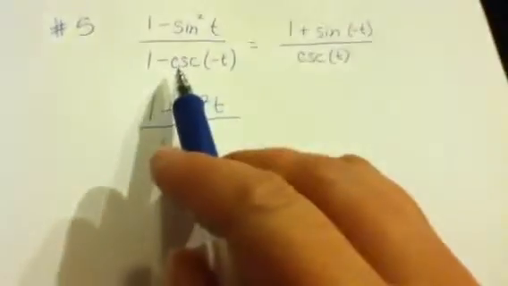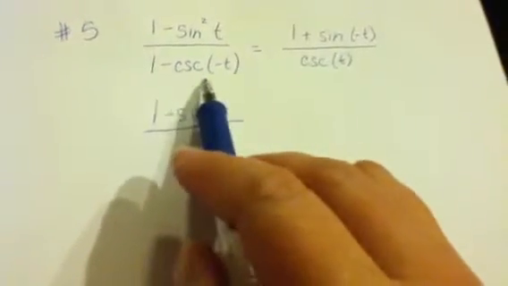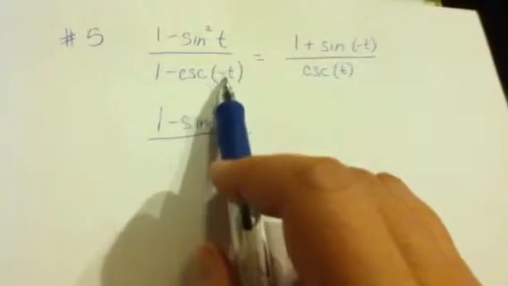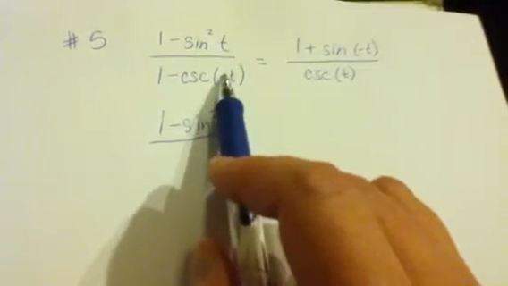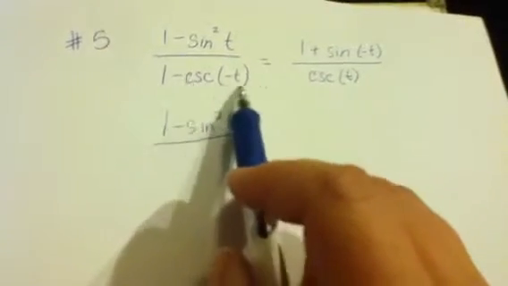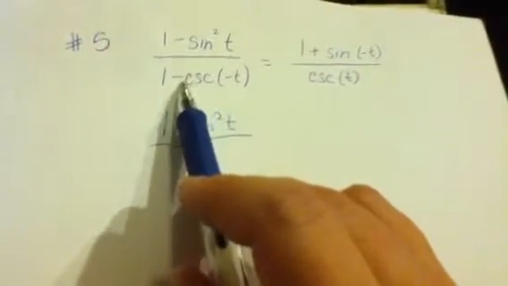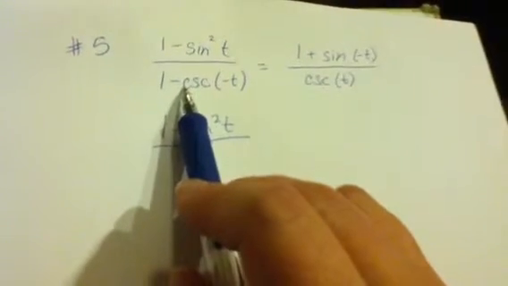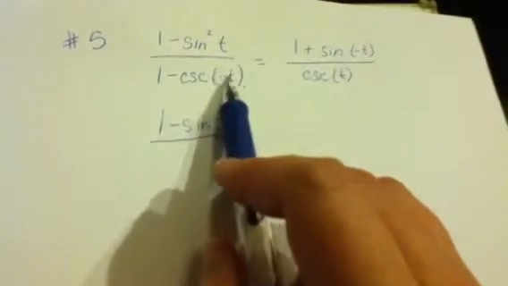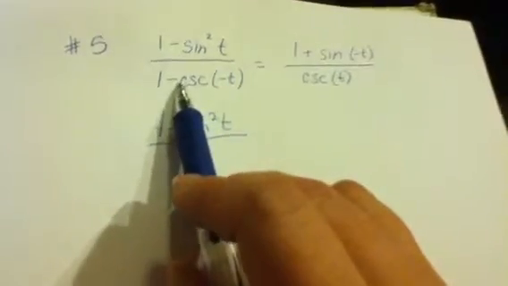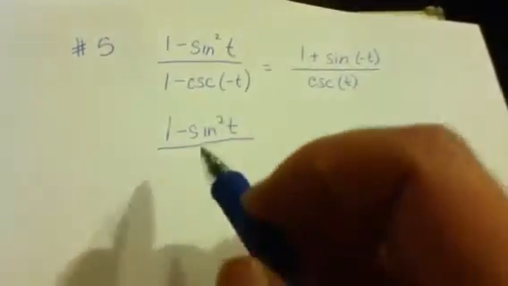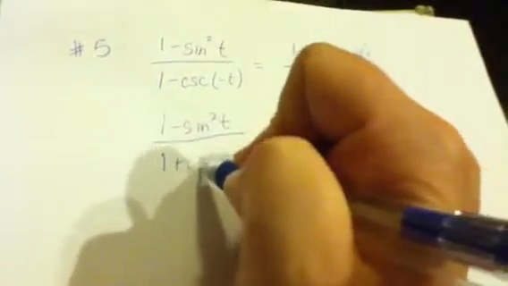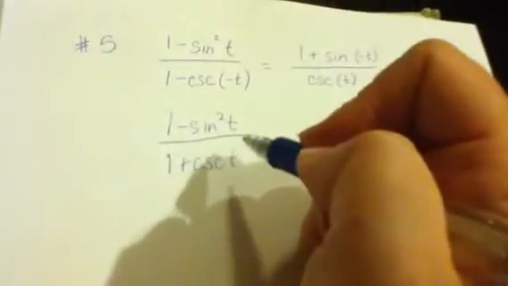Since cosecant is an odd function, meaning that it's symmetric to the origin, when you do a negative here, you can get rid of that negative by putting a negative here instead. But there's already a negative there. So changing this to positive and this to negative will overall give us positive. So it will be 1 plus cosecant t.